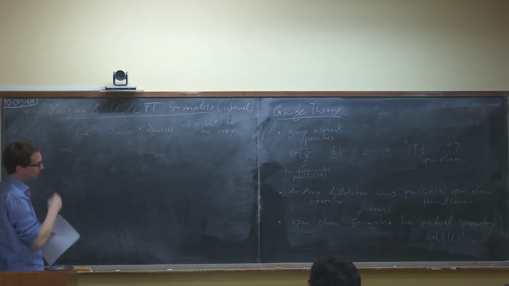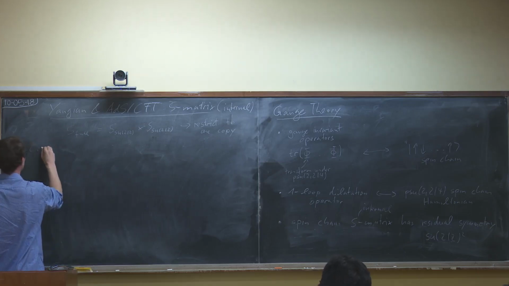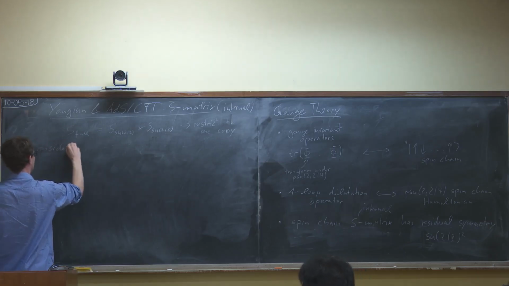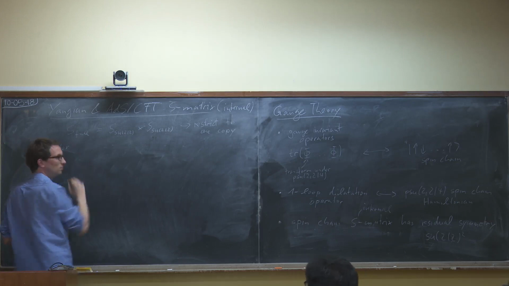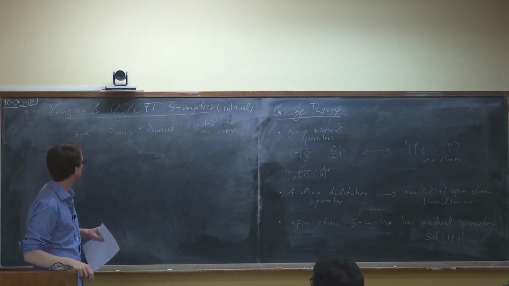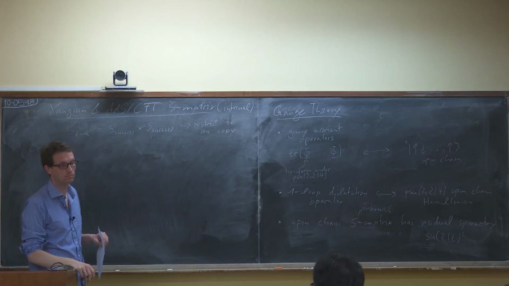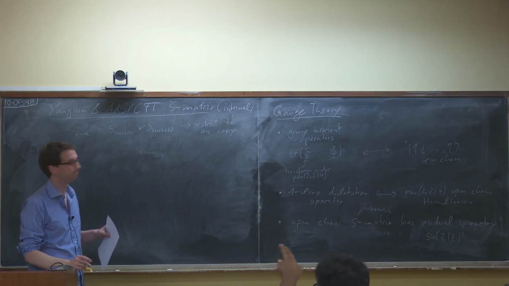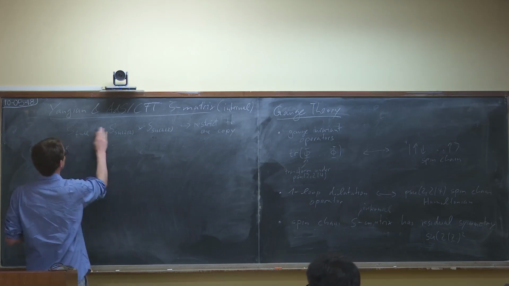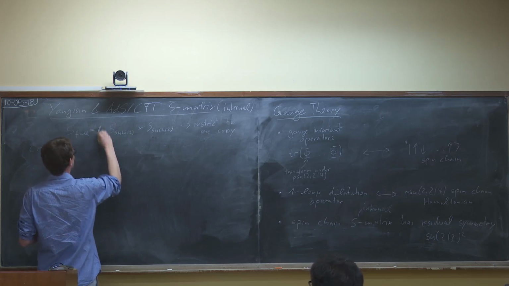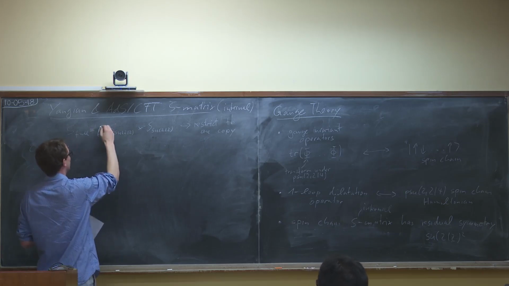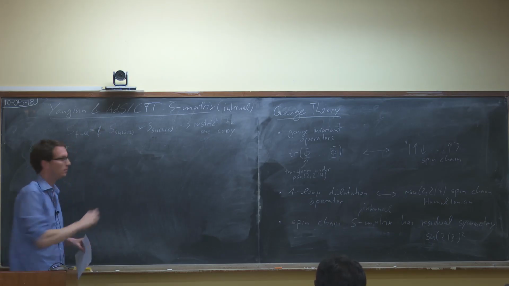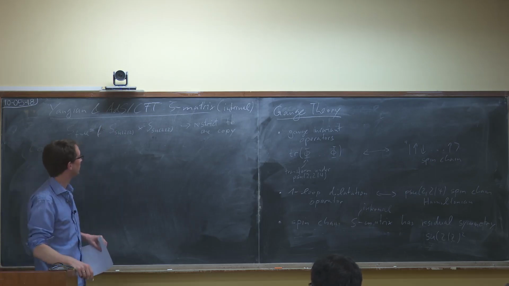Why does it factorize like this? You might expect other terms, like a factor plus another factor. Well, sorry, there is an overall function of the rapidities, but why does it factorize like this?